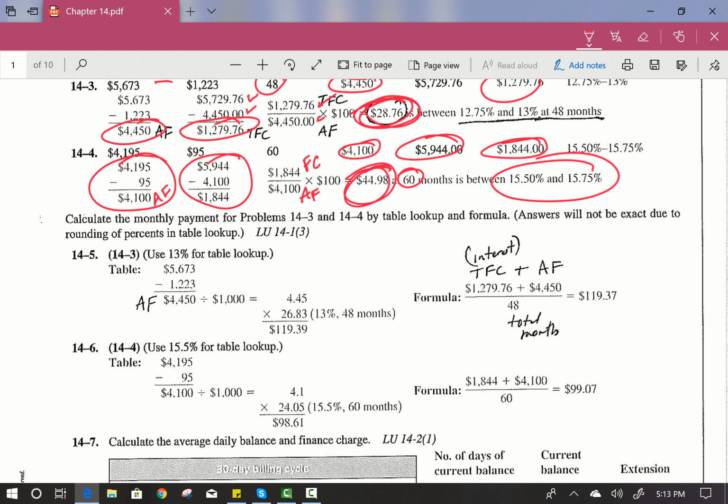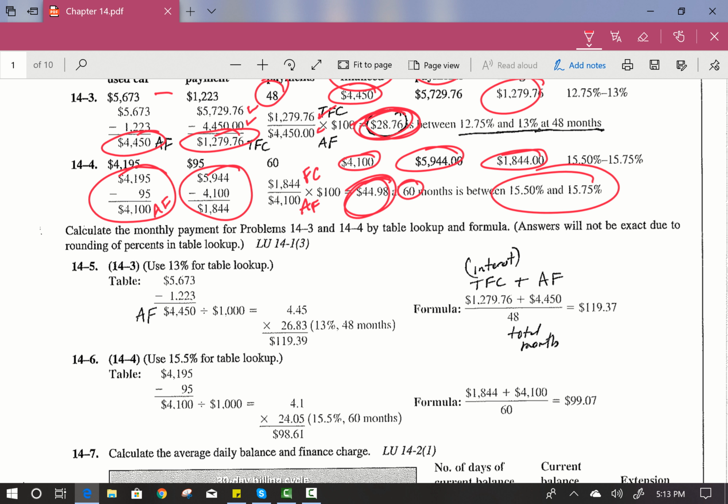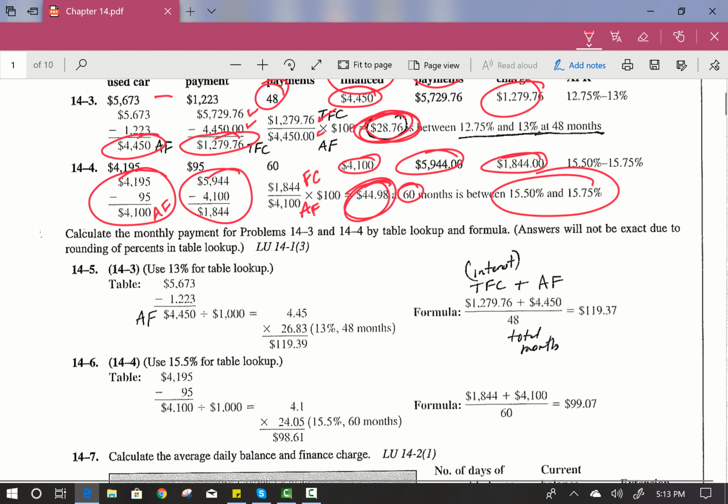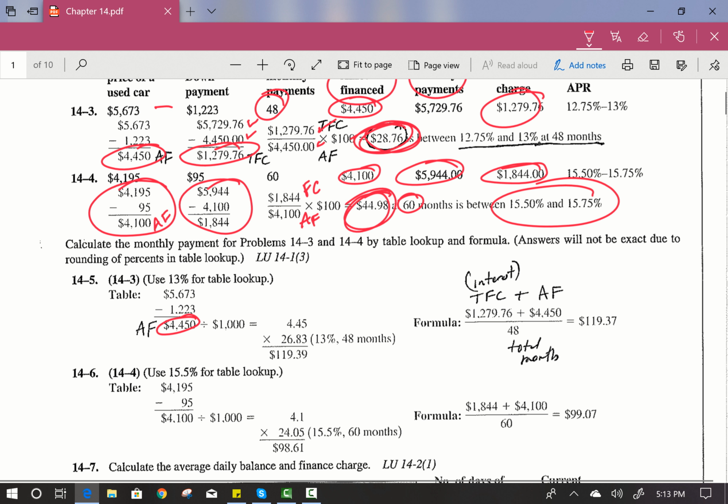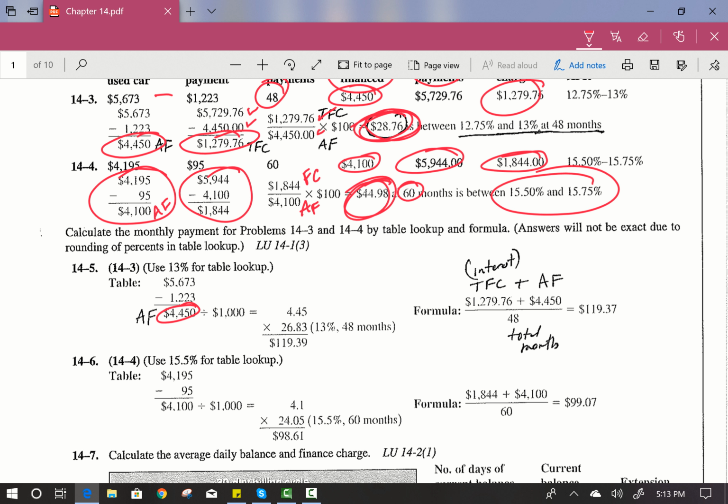Okay, so for number 5, we are going to refer to number 3. And we are going to take the amount financed of $44.50, which is right there. We derive $44.50 based upon the cost of the car, and then we subtracted out the down payment of $1,223 to give us $44.50.